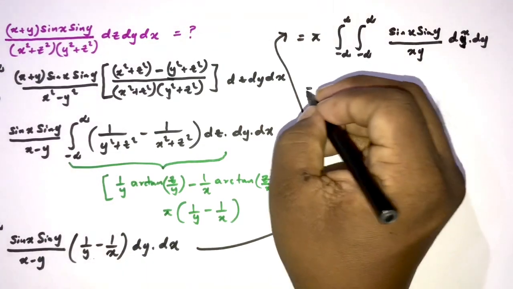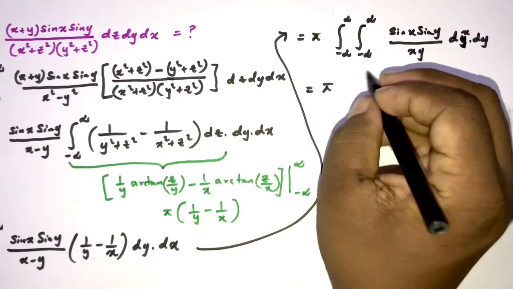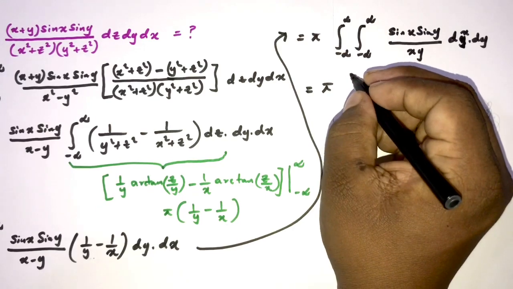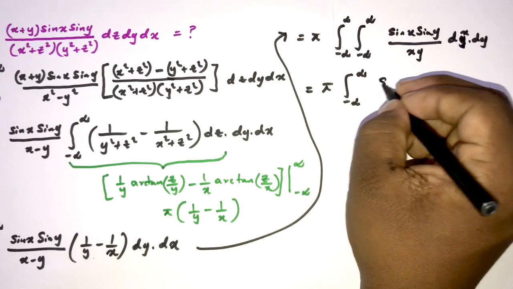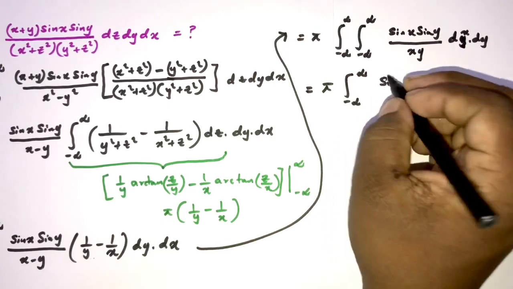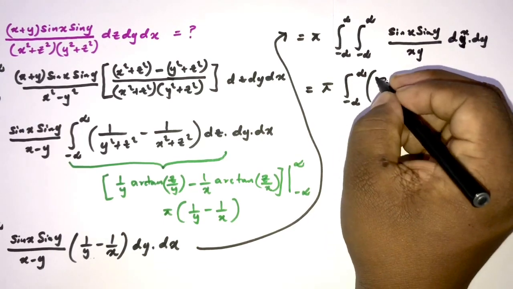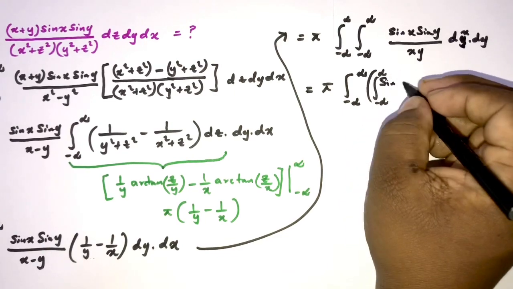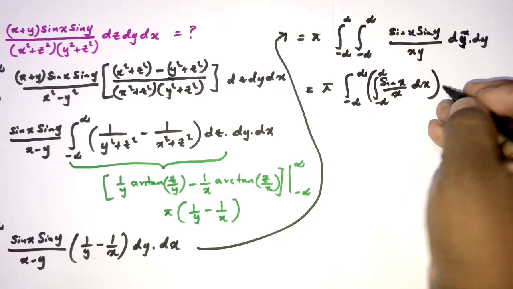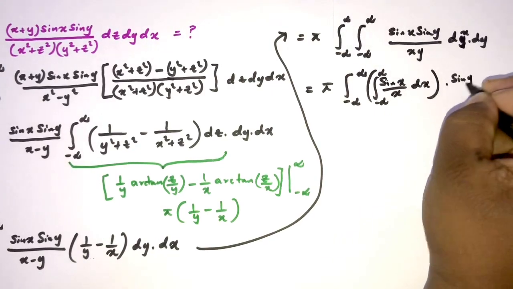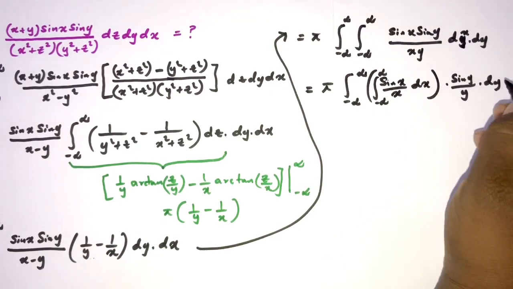Okay, then we can rearrange this double integral like integral from minus infinity to infinity of sine of x over x dx, then integral from minus infinity to infinity of sine of y over y dy.